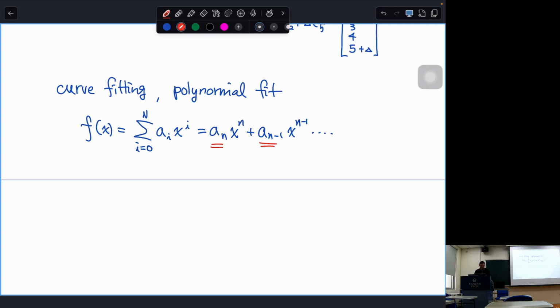So what does curve fit do? Or regression, people use different terms. You know linear regression, right? If the equation is linear, then it is linear regression. You try to figure out the linear equation that best fits the trend of a certain function. And this is nonlinear regression, or curve fit, polynomial fit.